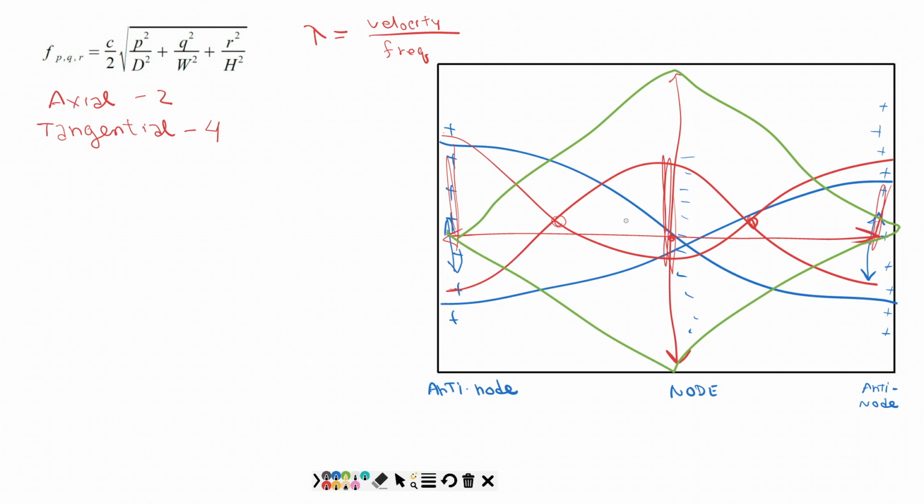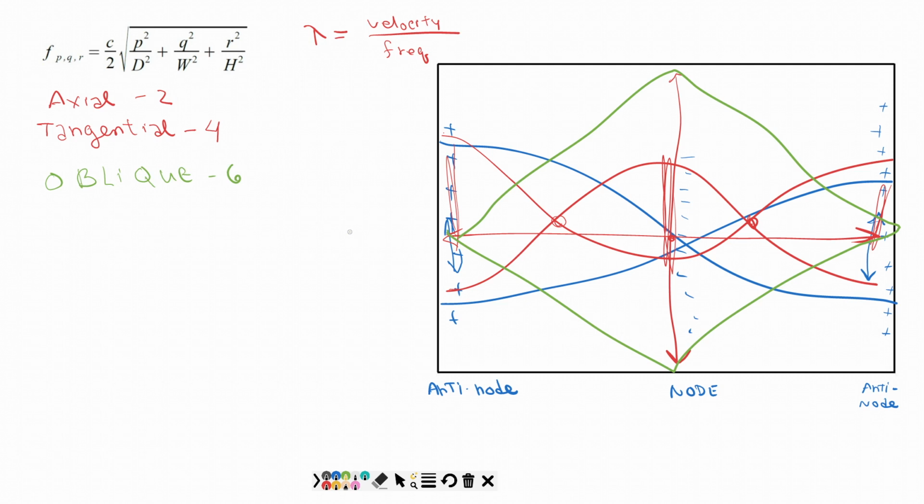4 surfaces. The intensities for the tangential modes are not as strong as they are for the axial modes. In other words, to get the same SPL change, you're going to need more power, more energy input for a tangential mode than you would for an axial mode. And then finally, we have oblique modes. And as you might guess, the oblique modes involve all 6 surfaces, right?